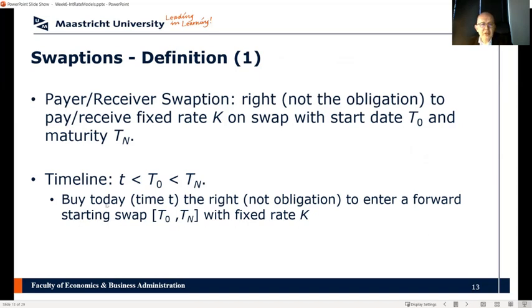So I can buy today at time small t the right to enter into a forward starting swap for the period from t0 until tn with a fixed rate K. And then at time t0, so at the start date of the swap, I can then decide whether I want to exercise this option, so whether I want to enter into the swap at that point in time, or whether I say, no, I have no interest and I let this option expire worthless.